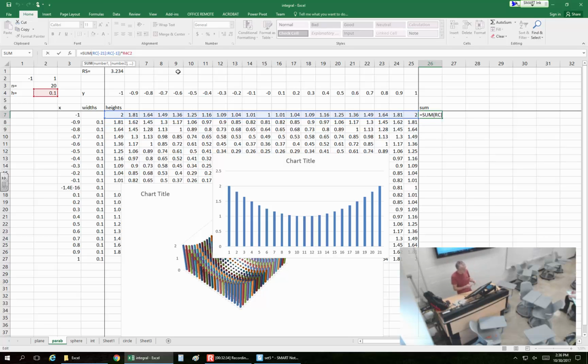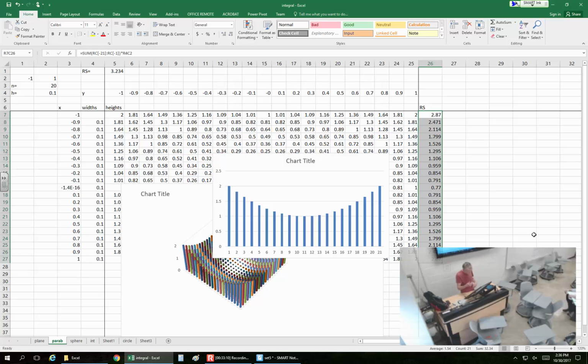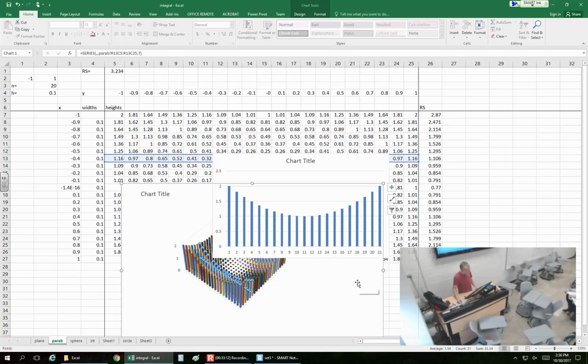A function of one variable. We did it when we did partial differentiation. And then instead of differentiating that function, I integrated. So in other words, what we have here is the Riemann sum of that function of one variable, and once it is computed, that's what I put here on the right. I wrote sum there, but really what I'm talking about is the Riemann sum. And then I do it for every single row. So a bunch of Riemann sums, one for each slice of my function of two variables.